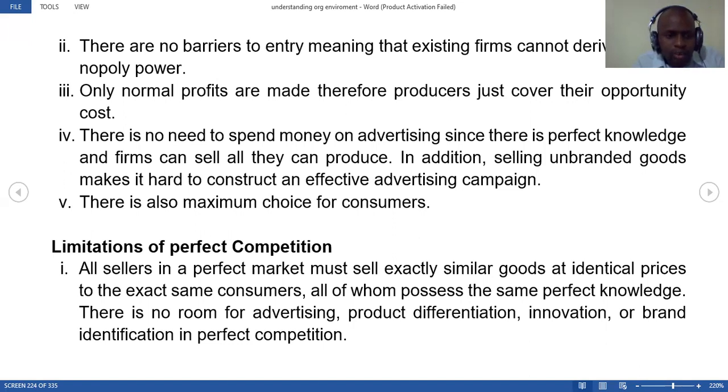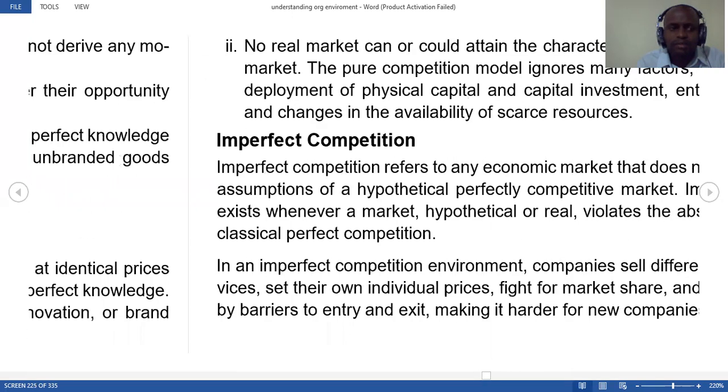Then we are saying, what are the limitations? All sellers in a perfect market must sell exactly similar goods at identical prices. So for these markets to be possible, we need to have identical prices, identical goods, and the same customers who are going to buy from that kind of market.